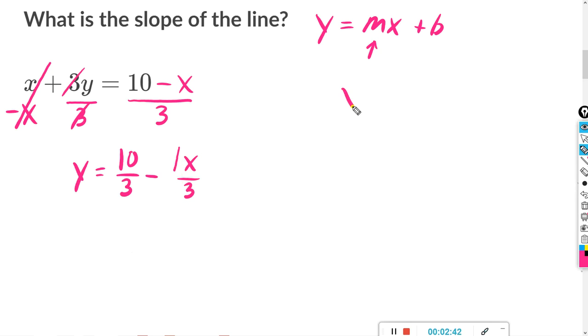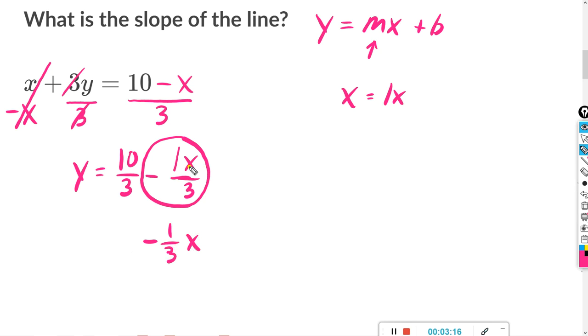We know that x is really just the same as 1x. So for the x right here, we can make it 1x. So the number right here that's multiplied by x is actually negative 1 over 3. And that is the same as negative 1 over 3 times x.